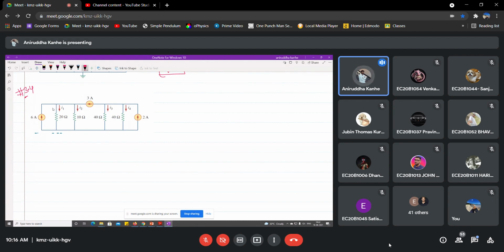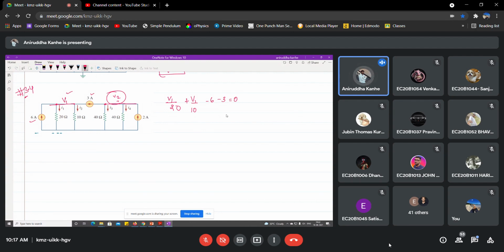Now, how many nodes are here? This is one node, these two are the same. So basically V1. All these comprise a single node, that's V2. Is it fine? So 2 equations and 2 unknowns. Let us start with V1. V1 divided by 20, plus V1 divided by 10, and this is inward, so minus 6, minus 3.